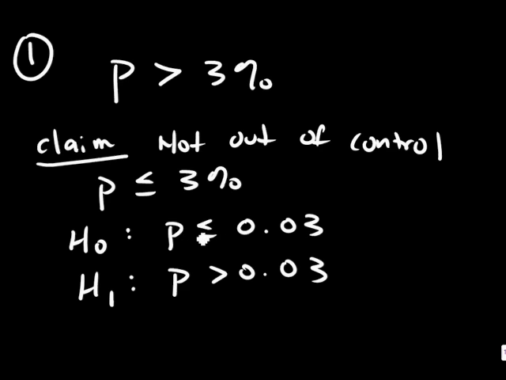Notice that the proportion is less than or equal to 0.03. The complement is that the proportion is greater. We look at the alternate hypothesis and notice that this inequality is greater than. It's pointing to the right. So we have a right tail test.